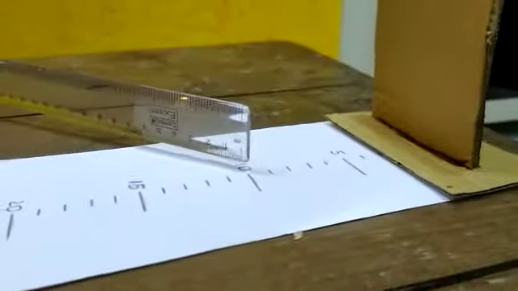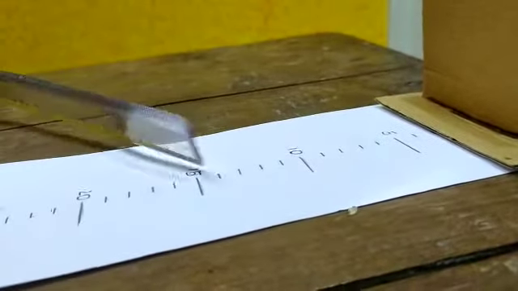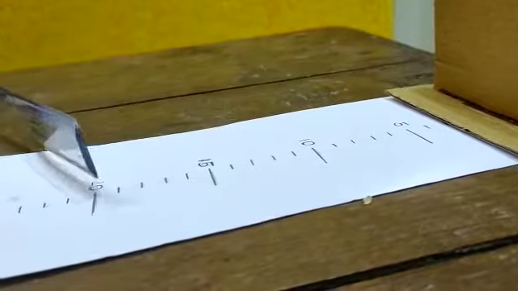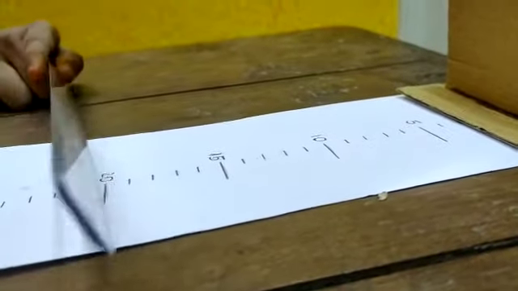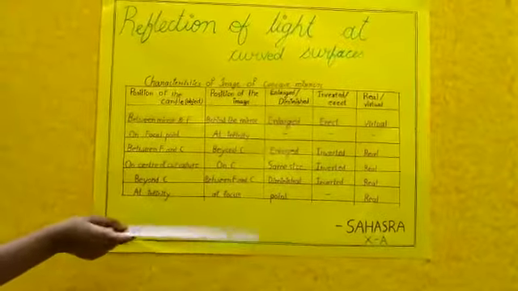Here the focal length of this concave mirror is 10 centimeters. As we all know, the radius of curvature is twice the focal length. So if 10 centimeters is the focal length of this concave mirror, then 20 is the center of curvature. So this is the center of curvature and this is the focal length of this concave mirror. Then the first one is at infinity, so the image will be at focus.